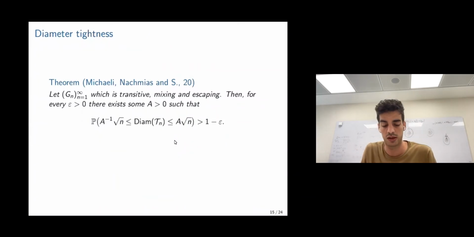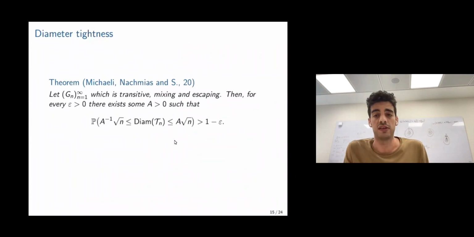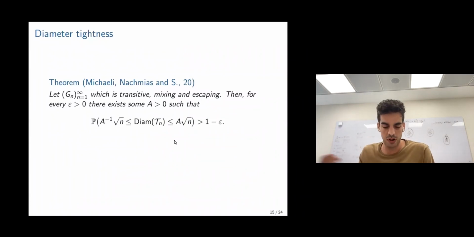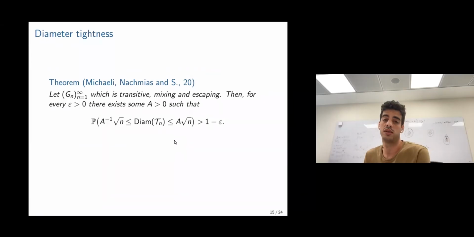This is a result with Peleg Michaeli and Asaf Nachmias from two years ago. Again, Gn is a sequence of graphs which is transitive, mixing and escaping. Then we have this tightness result: for every epsilon, there exists some a such that the diameter of the UST is between a to the -1 square root n and a square root n with this probability.